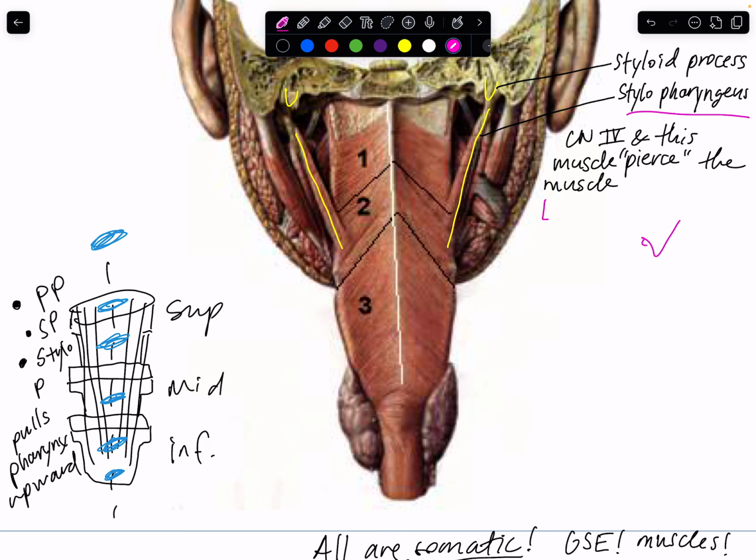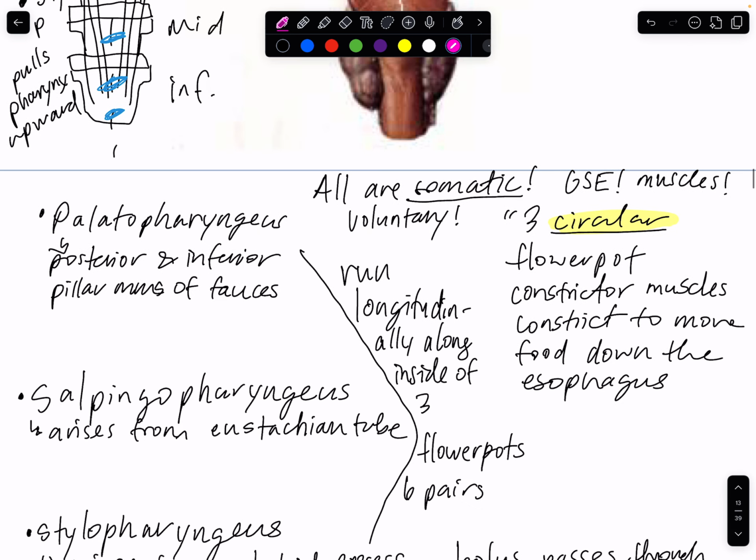The other thing we'll think about is that cranial nerve 9 pierces this. I know that says 4, but that should say 9. So it goes through this muscle and we should be able to see it.